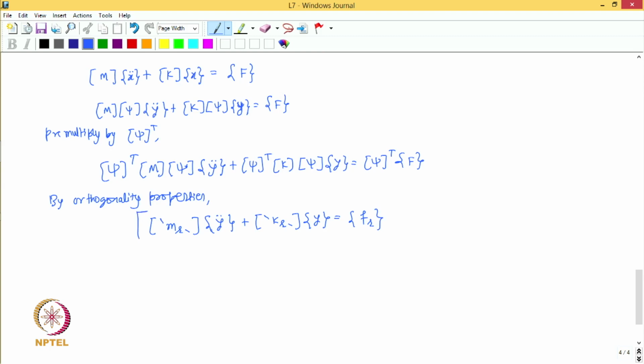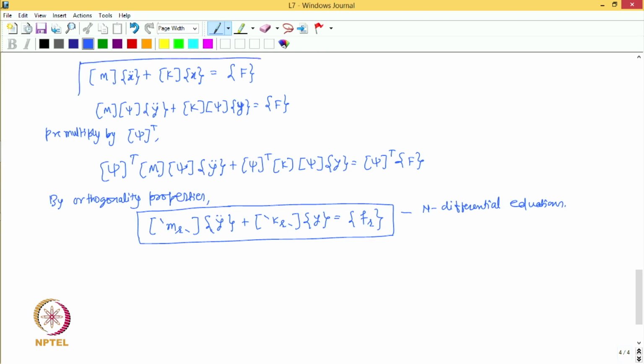So, what we see now, we have another set of differential equations, right. These are again n differential equations. So, we started with n differential equations and we again reached another new set of n differential equations. But the important difference is that this is the original set of differential equations, and this is what we have now transformed them to.